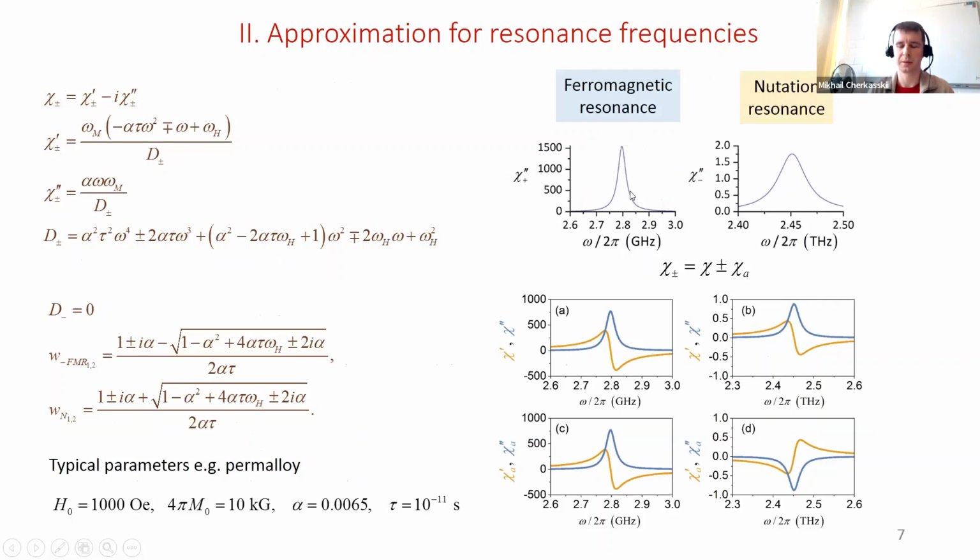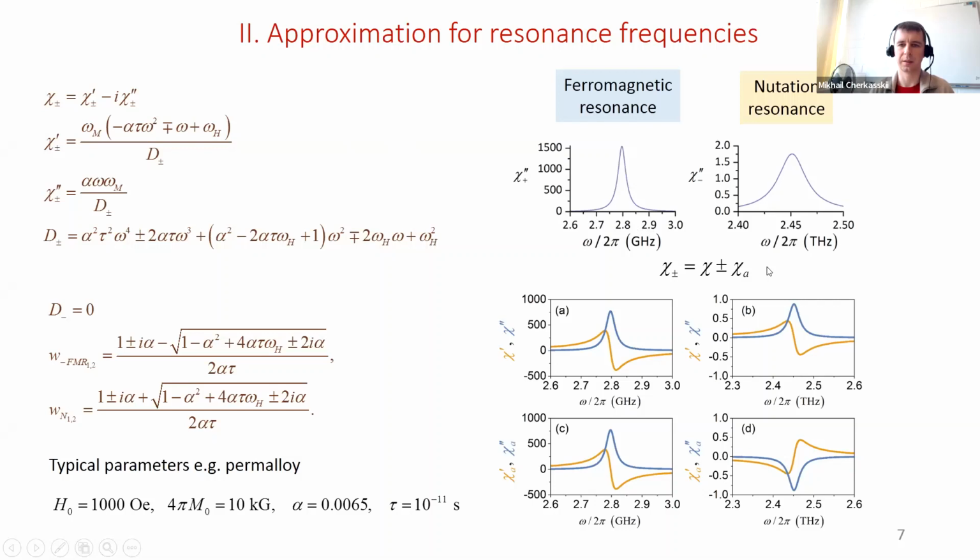Precession resonance can be detected in the gigahertz range, while nutation resonance is at terahertz frequencies. And of course, we found some approximation to calculate these frequencies and found that precession resonance is shifted by inertia down. So this is a redshift.